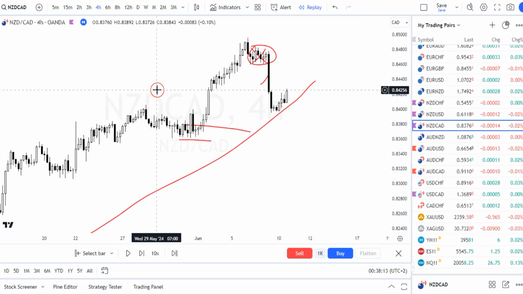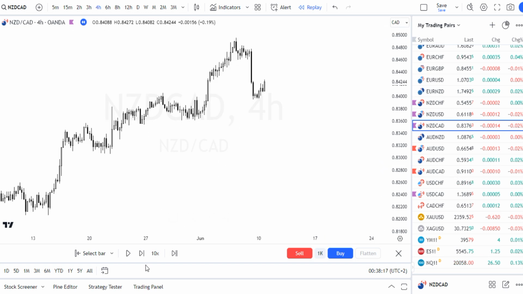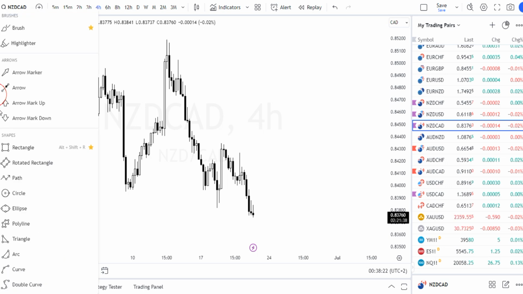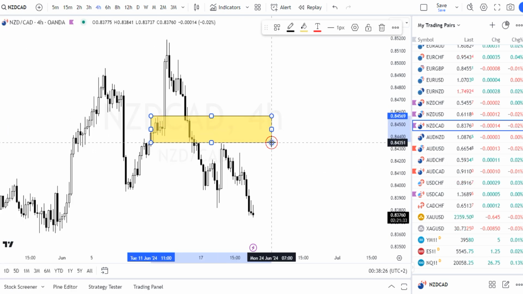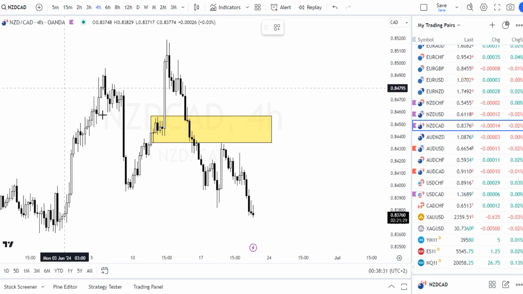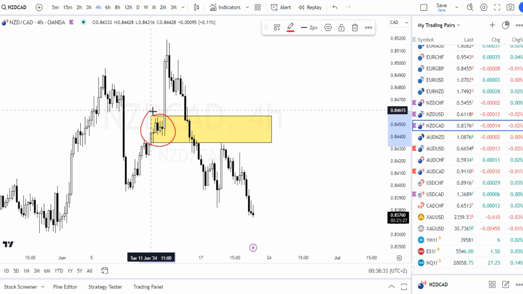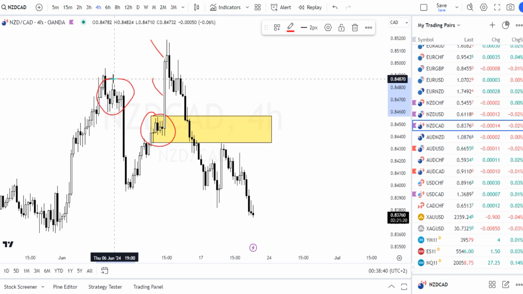And the same thing, if I go forward, the same thing happened here. See here, this order block made this imbalance, and this imbalance actually removed this opposite direction supply, the strong supply.